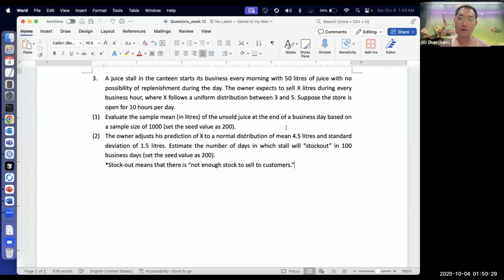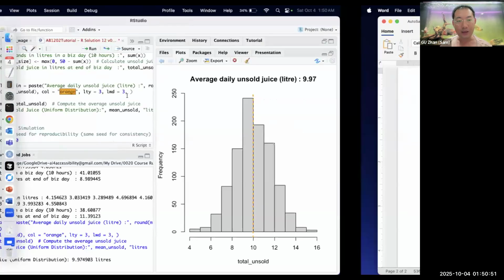Then after that, your store closes. Then it's not considered a stock out. Stock out is only when a customer comes before business ends, then wants some more which you do not have. They want some more amount which is more than what you have. Then that's a stock out.